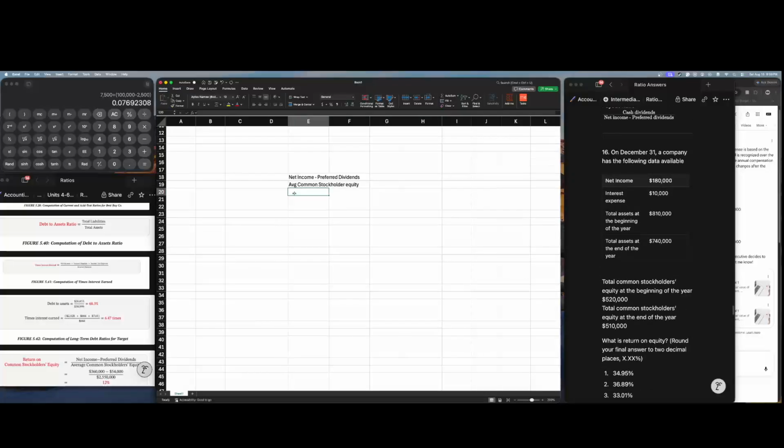The return on equity is net income minus preferred dividends divided by average equity. 180,000 minus the preferred dividends, and the average stockholder equity. $34.5.